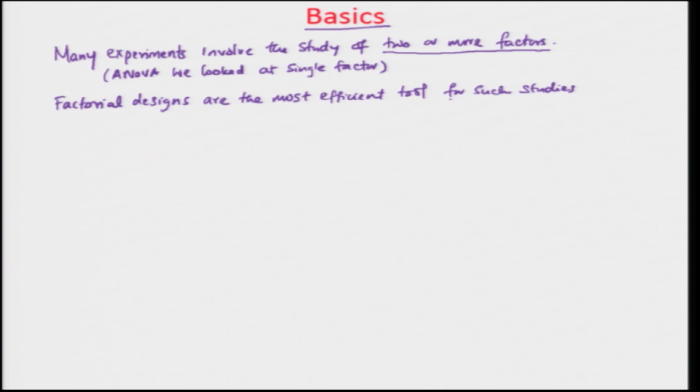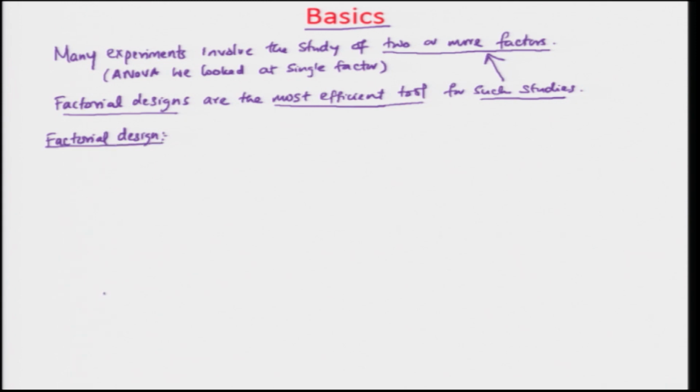Two or more factors. The reason why we use factorial designs is because they are the most efficient tool compared to any other tool that's available to conduct a study of two or more factors. So what do you mean by factorial design? How do we define factorial design?